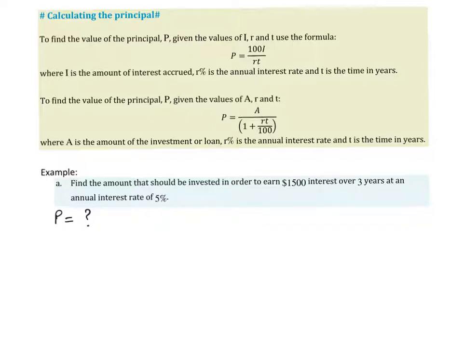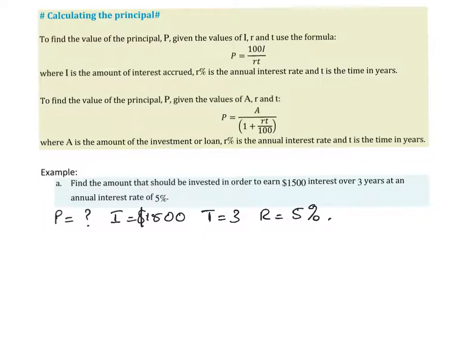In order to earn, the principal earns interest. So the interest here is $1,500, and it's over 3 years, so T is equal to 3 at a rate of 5%.